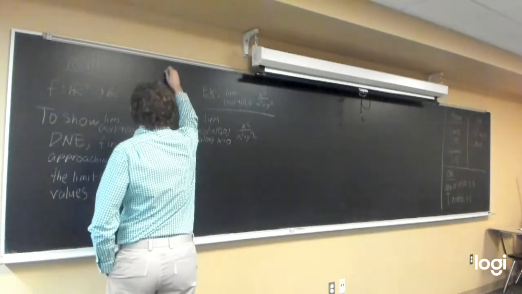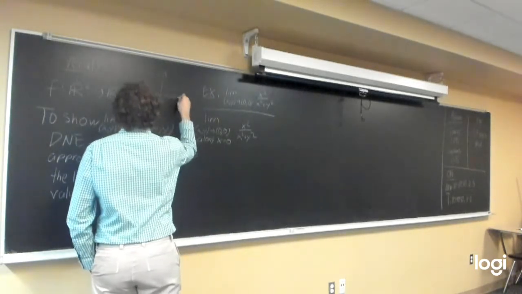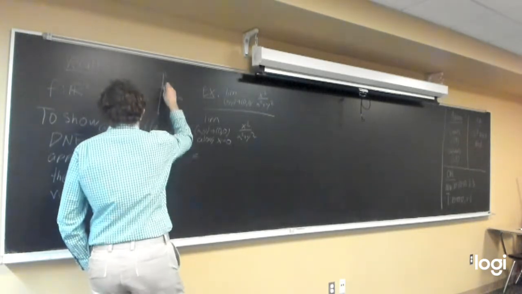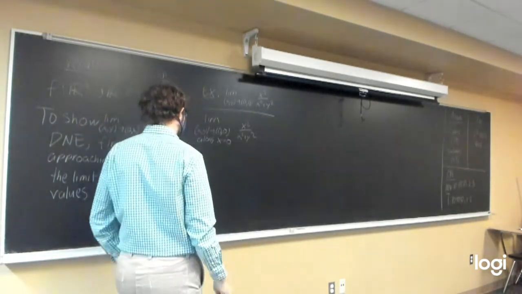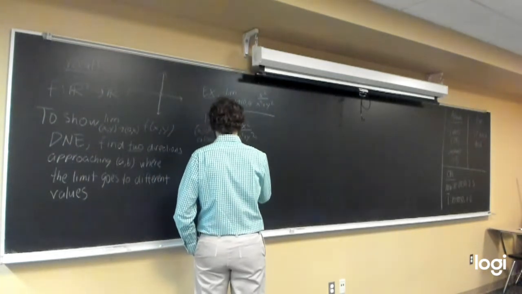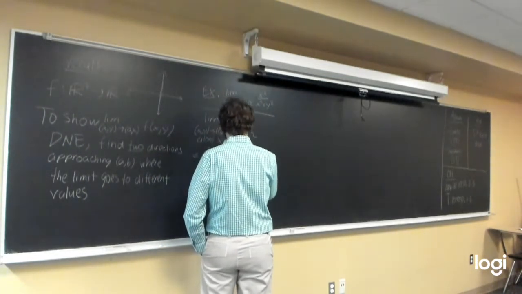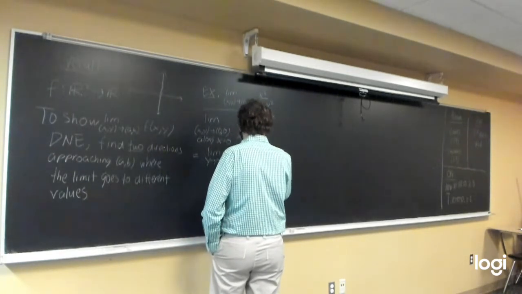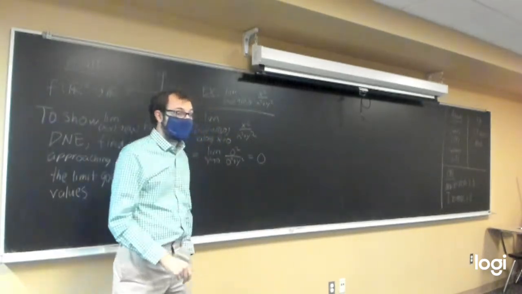If we go along the path x equals 0, meaning we're approaching the origin vertically, what we're going to end up with is a limit as y approaches 0 of 0 squared over 0 squared plus y squared, which is just going to come out to 0.